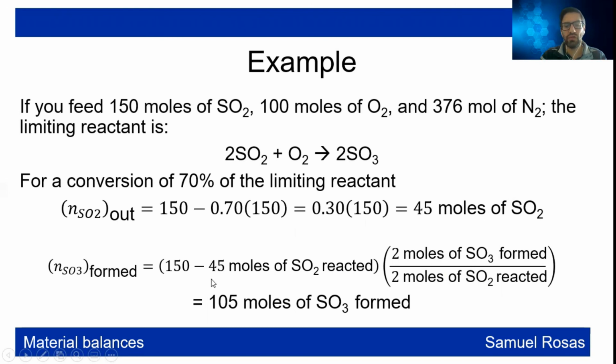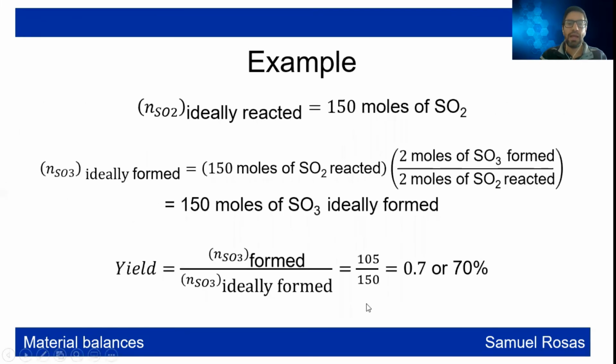So in this case, you're going to be forming 105 moles of SO3. And if you want everything to react ideally, 150 moles of SO2 would have reacted 100%, which leads to 150 moles of SO3 ideally formed. So the yield is going to be the 105 that you actually formed over the 150 that you ideally formed. That's the 70% yield in our product. So that's it for the basics of stoichiometry.